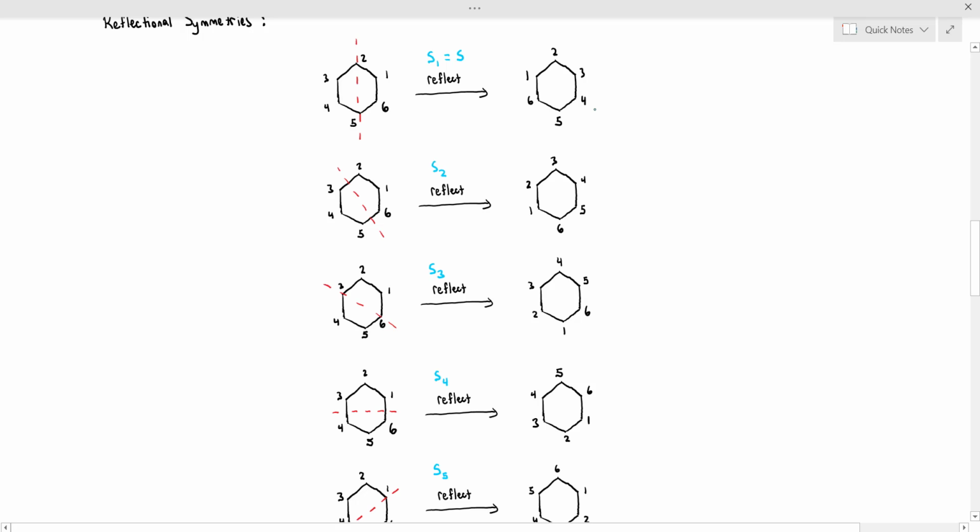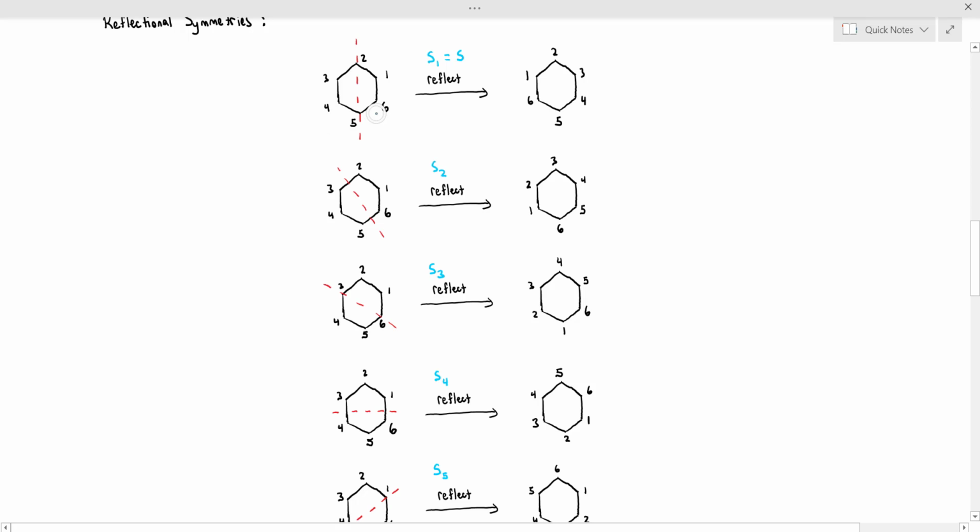One thing I want to note right now is, if we apply this reflection twice, first 1 and 3 swap places, but if we reflect again, they swap again, which brings us back to the original orientation.